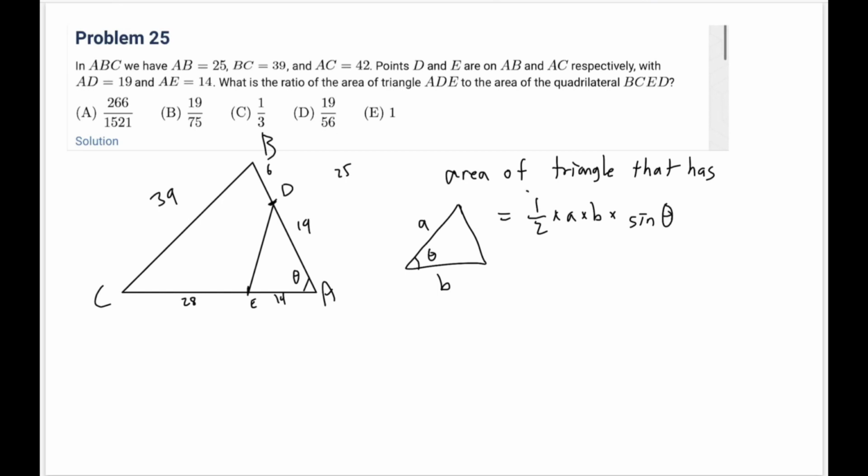So this is 1/2 AB sine theta. This is very helpful to us here, because it lets us get this area's ratio and also this whole triangle's area ratio, right?